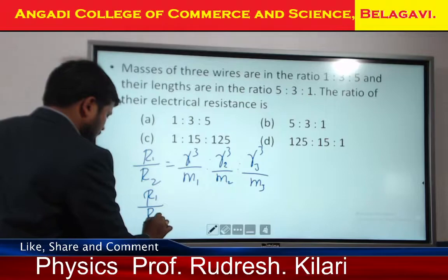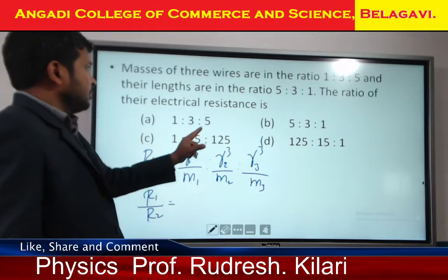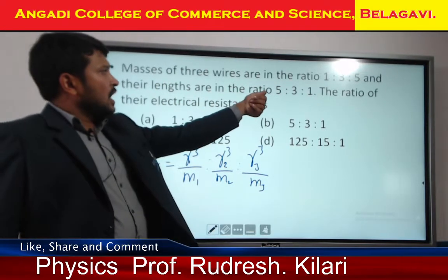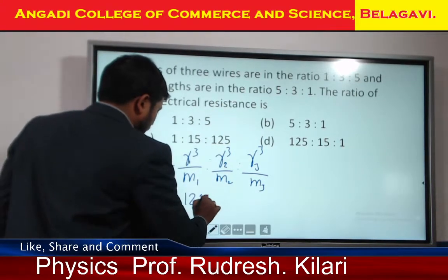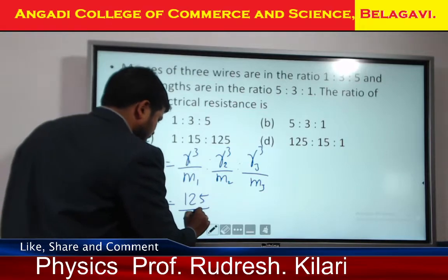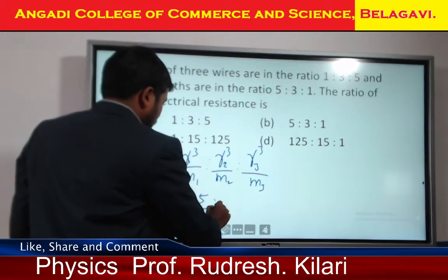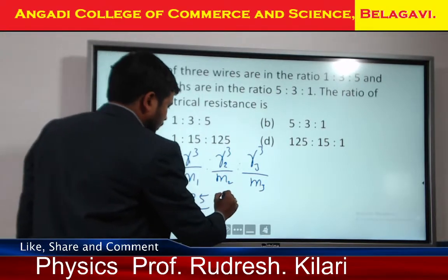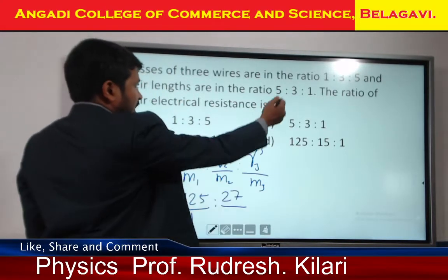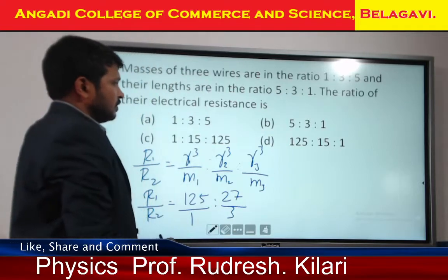R1 is to R2 equals: the length L1 is 5, 5 cube is 125, divided by mass 1, is to 3 cube, which is 27, divided by mass 3, right?